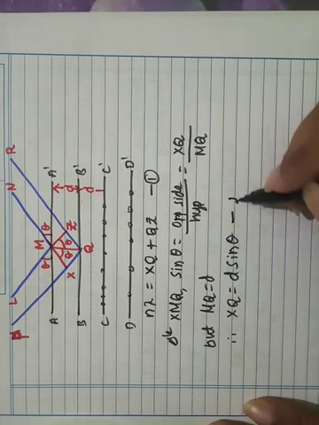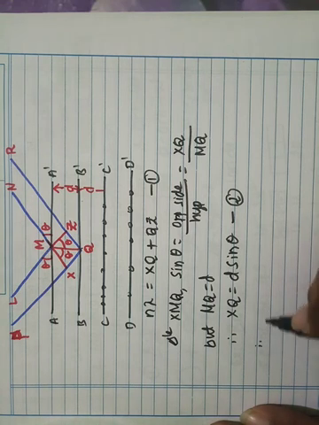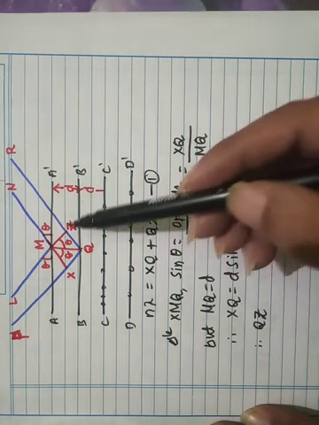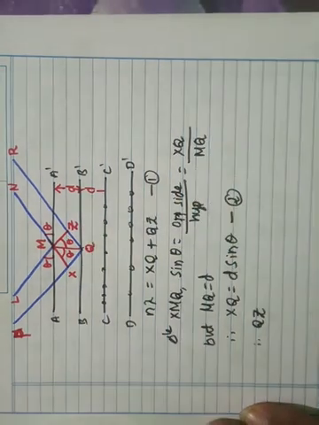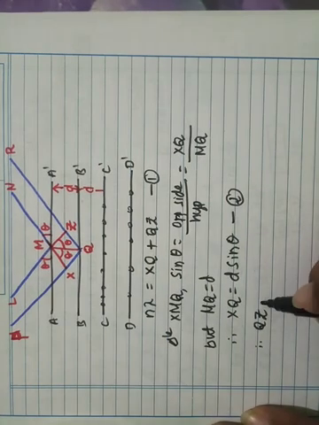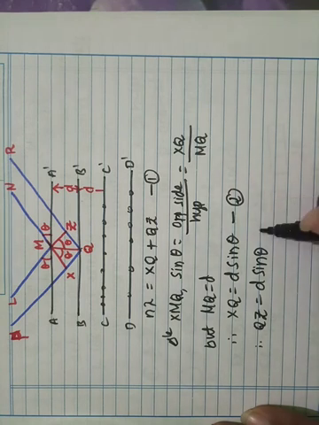Let us call this equation number 2. Similarly, qz is equal to d sin theta. Call this equation number 3.